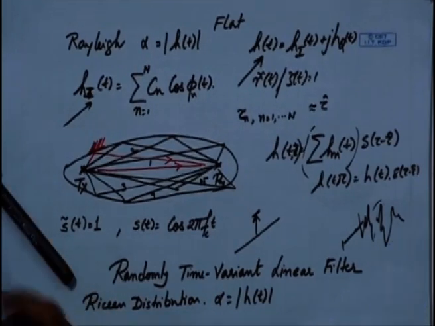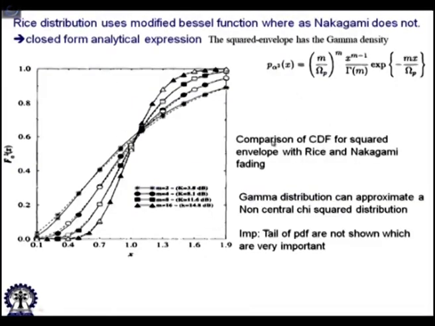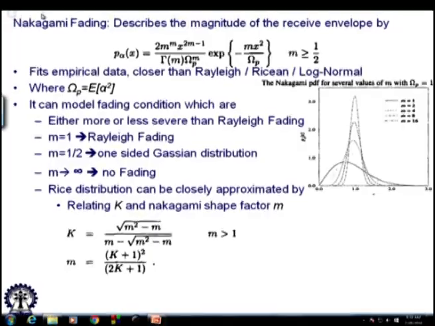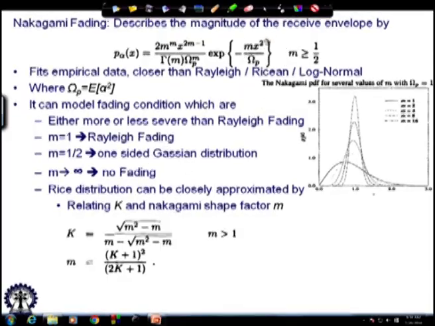So, to have a uniform model, the Nakagami distribution was proposed. The Nakagami distribution is the one depicted by the expression shown here.